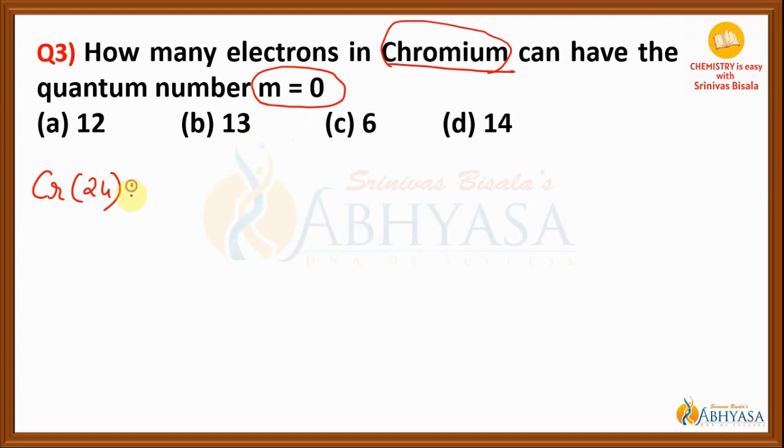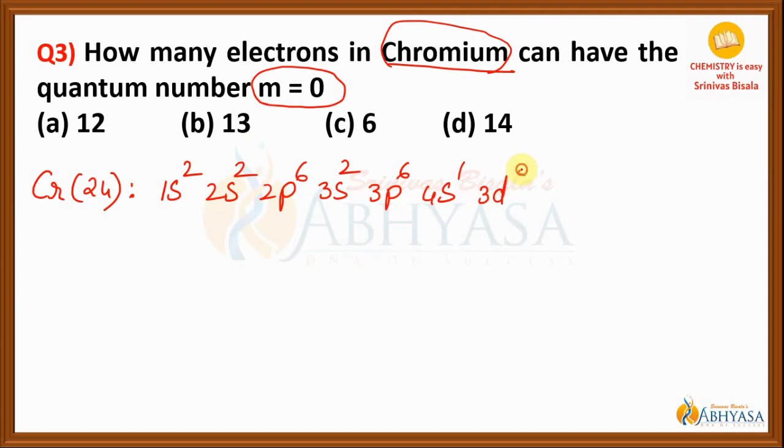So let's write the electronic configuration, and don't write in the form of argon and the remaining part. You need to start writing from the 1s orbital. So it is 1s2, then 2s2, 2p6, 3s2, 3p6, 4s1, and it is 3d5.